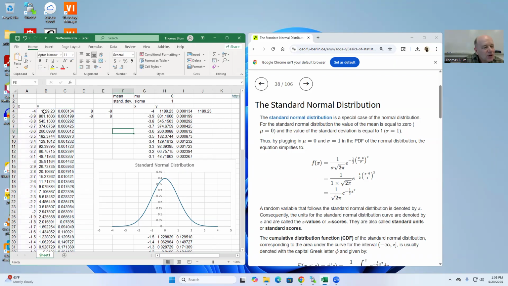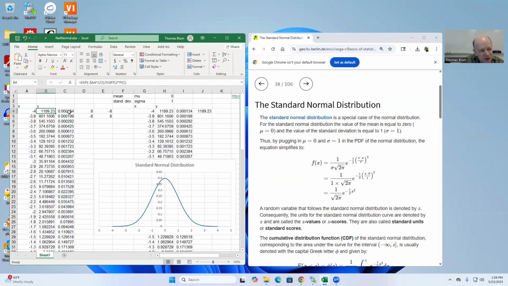Okay, so I made the x's, and I generated these y's. Here is my formula: the exponential of minus my x, which is $A.